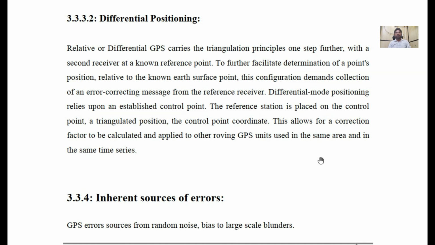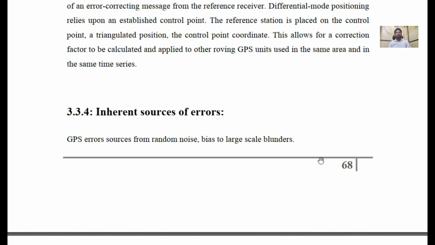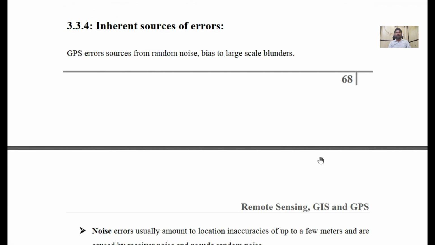Inherent sources of errors. GPS errors source from random noise to large scale blunders. Noise errors usually amount to location errors of up to a few meters and are caused by receiver noise and pseudo random noise.